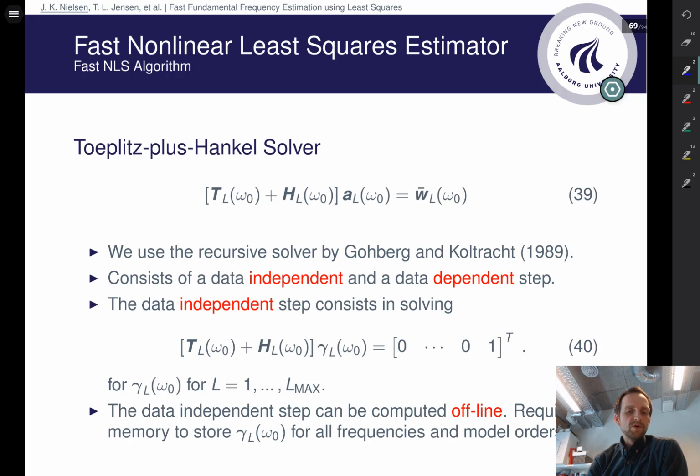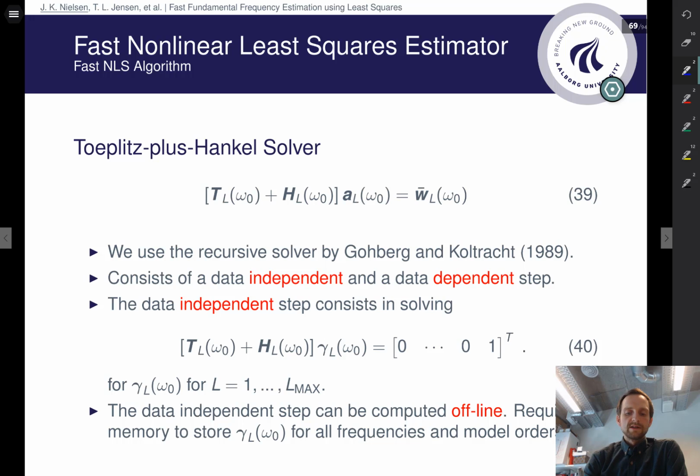Okay, so let's look a bit more at this triplet plus Hankel solver. So we have used an algorithm from Gohberg and Koltracht from 1989, and one nice feature about this is that it consists of a data independent step and a data dependent step.